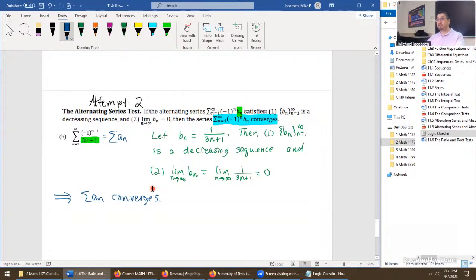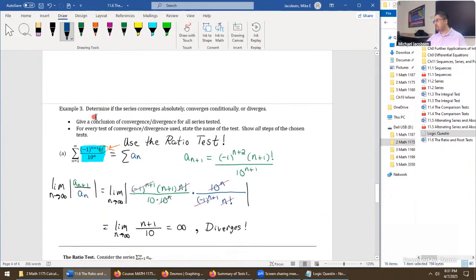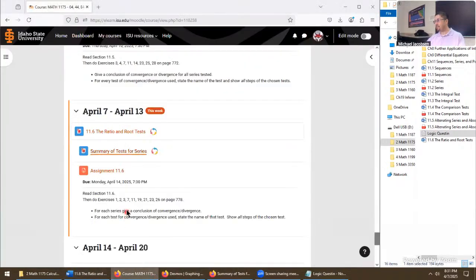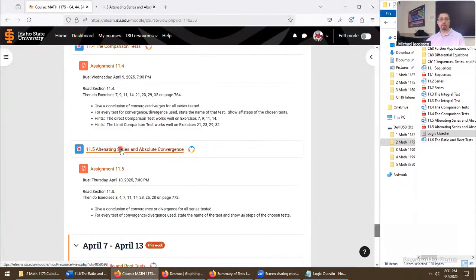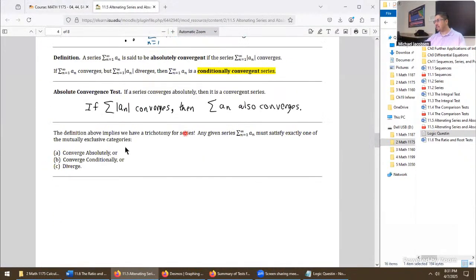We have a conclusion of convergence, but now going back to an earlier question, here the whole question itself was to determine convergence or divergence. But if you're thinking about this one in terms of what we did just last class, last Thursday, a while ago, relative to homework assignment 11.5, the question looked like this instead.